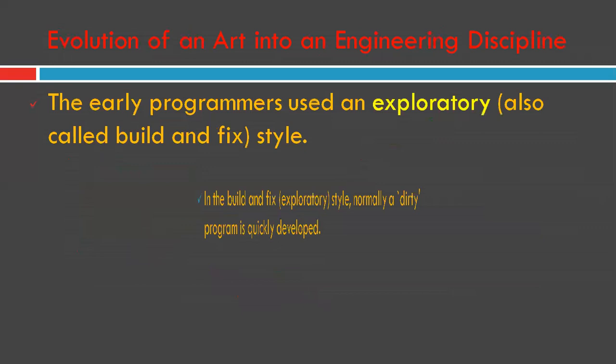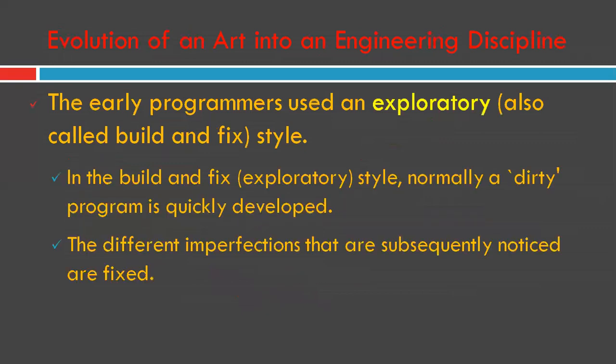As we have already pointed out, in the early days of programming, there were good programmers and bad programmers. The good programmers knew certain principles or tricks that helped them write good programs, which they seldom shared with the bad programmers.